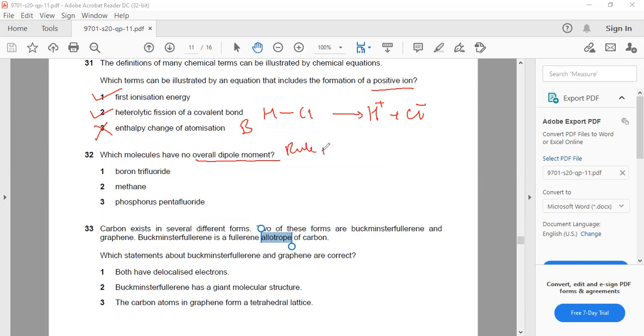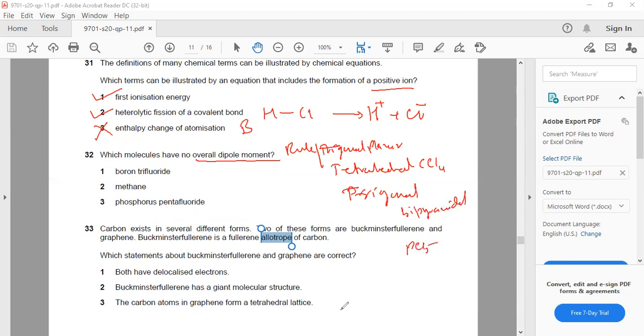Which molecule has no overall dipole? Write a rule. Trigonal planar, if it is symmetrical, has no dipole. Tetrahedral, if it is symmetrical, like all groups are the same, and trigonal bipyramidal, like PCl5, PF5, they are all overall non-polar, no overall dipole moment.